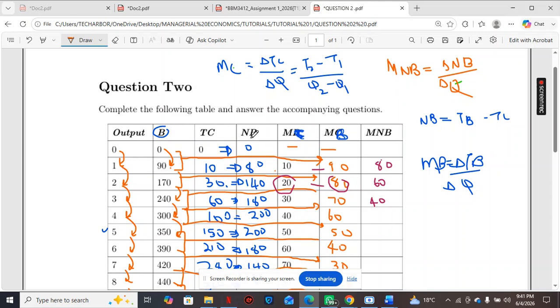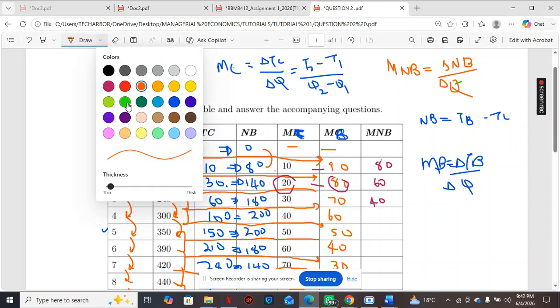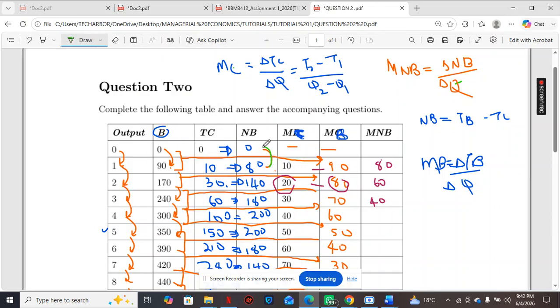Okay, so we have our net benefits here. So here we're going to say 80 minus 0, that is going to give us 80 here. 80 minus 0, we get 80.